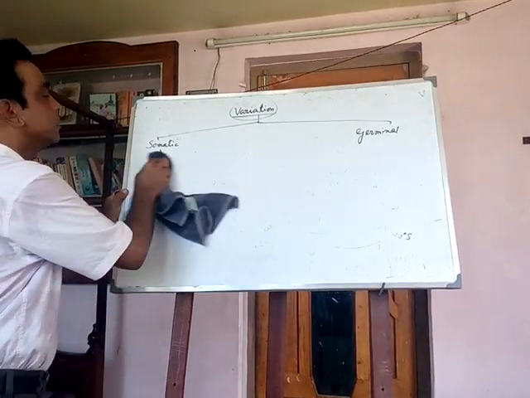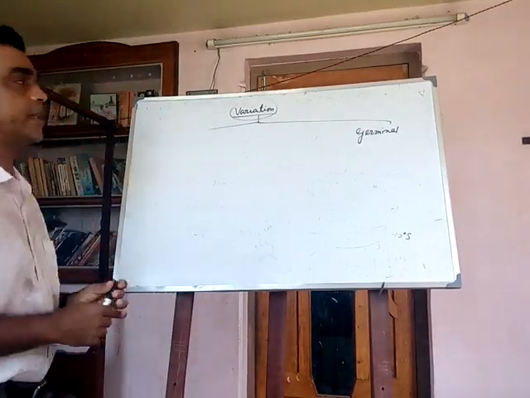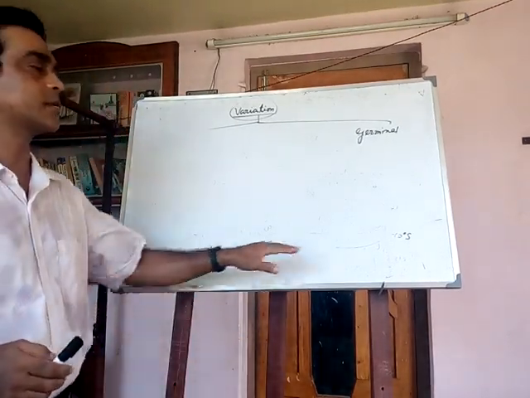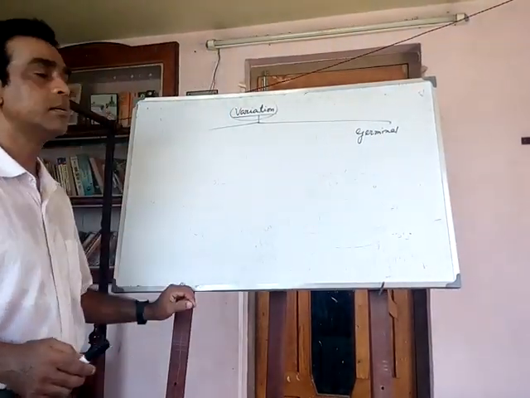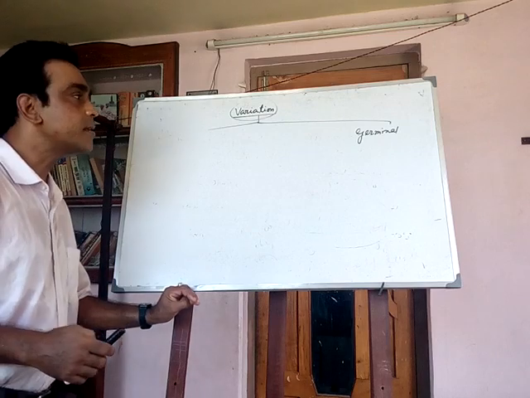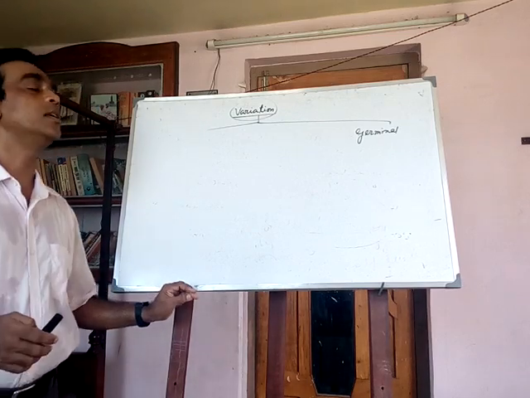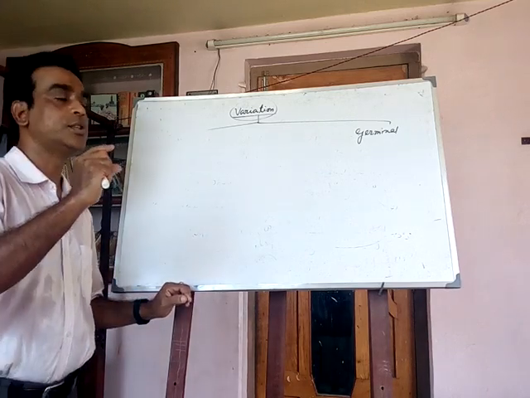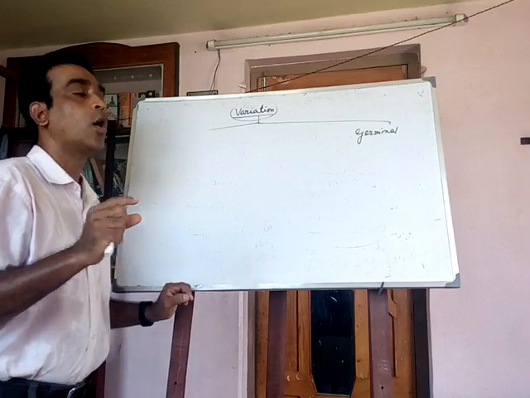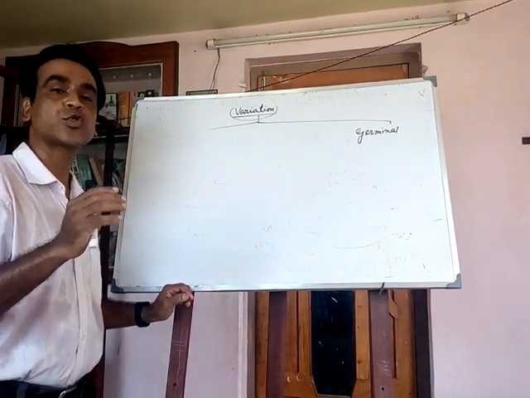Now, the germinal variations. What are germinal variations? Germinal variations are not somatic cell oriented, they are oriented only to the germinal cells where the chromosomal or genetic functions are exposed and are so strong.